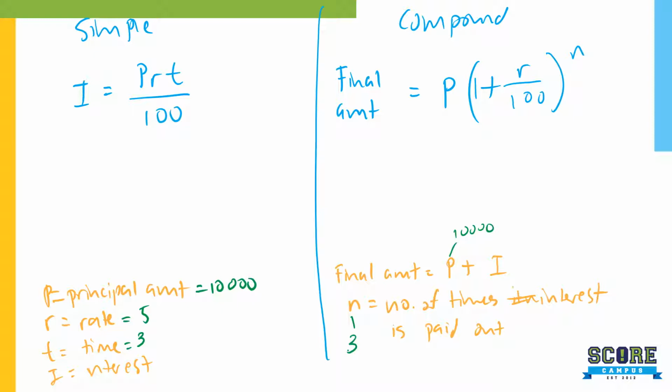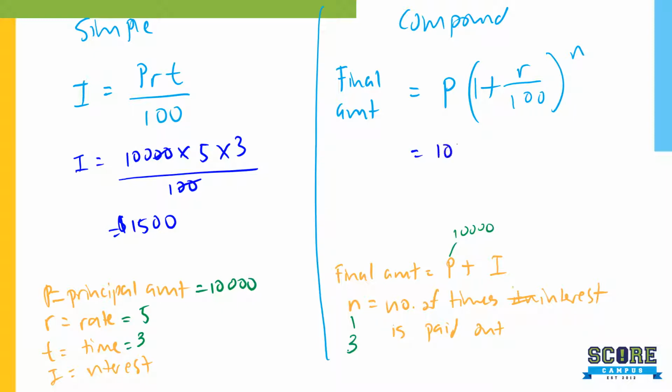Now let's calculate. Here your interest equals 10,000 times 5 times 3 over 100. Cancel, equals 100 times 5, 500 times 3, 1500. Now when it comes to compound interest, 10,000 times (1 plus the rate, which is 5 over 100) to the power of 3.